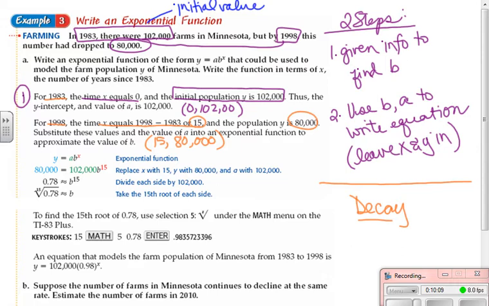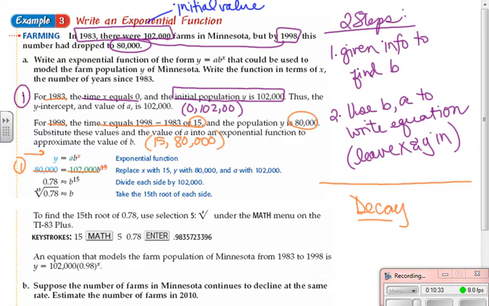So here we go. So here's our base value. This is step 1. We insert 80,000 with its partner 15, and then 102,000 is our initial value, leaving b in. Divide both sides by 102,000. Now to undo the 15th power, we take the 15th root.